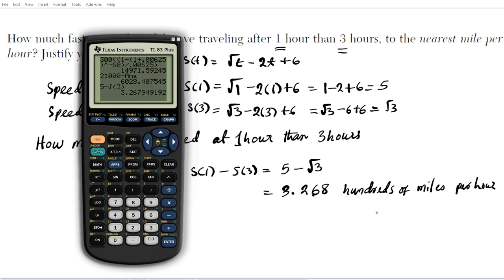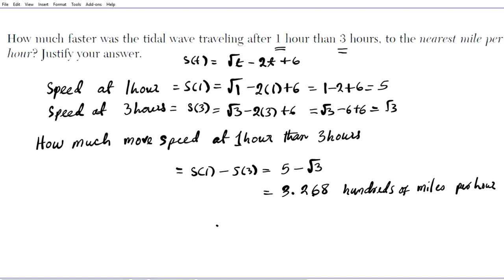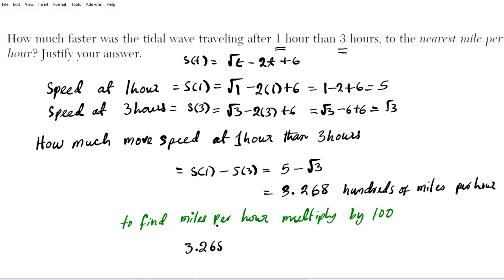So how about in miles per hour? Okay, so to find miles per hour, we multiply by 100. Okay, so when we do that, we have 3.268 times 100. That just moves the decimal point 2 places to the right.